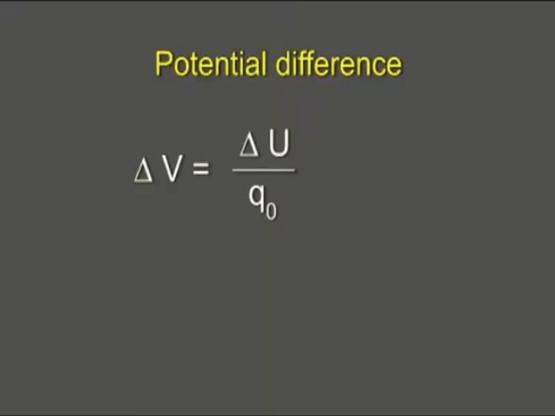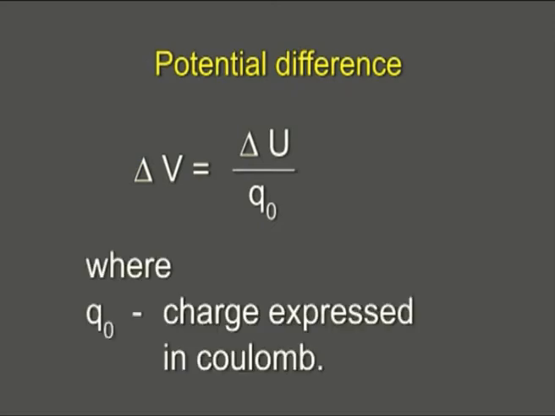We define the electric potential as potential energy per unit charge. The electric potential provides information about the electric energy without reference to any specific charge. The electric potential difference, or simply the potential difference delta V, is by definition delta U by q0, where q0 is a test charge expressed in coulomb.